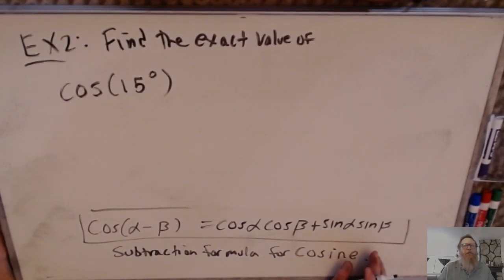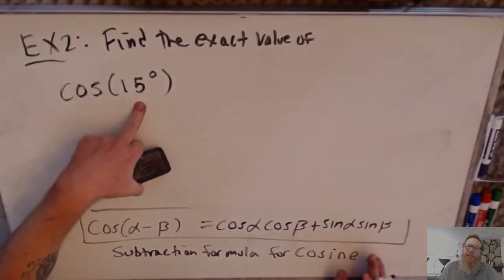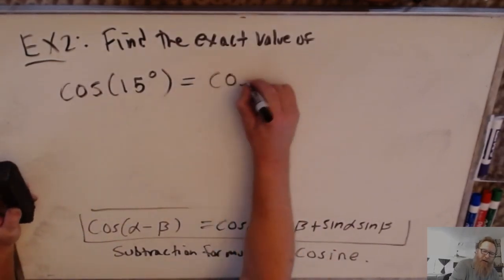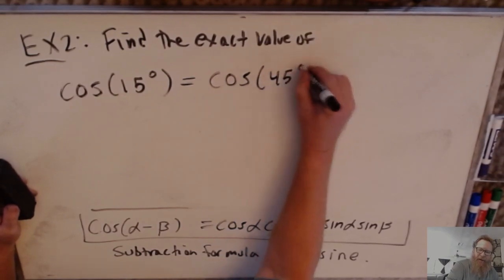Okay. So I don't know what cosine of 15 degrees is. It's not one of the ones you typically memorize. But you do know 45 and 30.